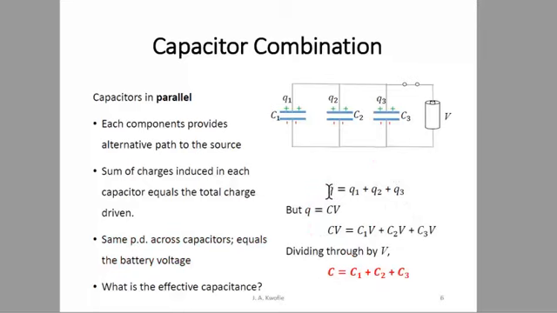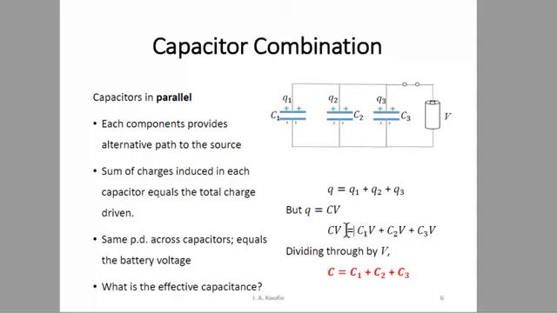The sum of the charges: if we replace this with a single capacitor, then that capacitor will have all the charge on it, and all that charge is currently shared among the 3 capacitors, Q1, Q2, Q3. Again, we are going to use the definition of capacitance, and we are going to replace each quantity of charge with its equivalent CV. So for the first Q, the effective capacitance will have the voltage across it, which is V. Then for Q1, you multiply its capacitance with the voltage across it.